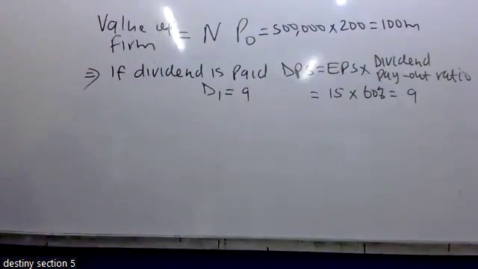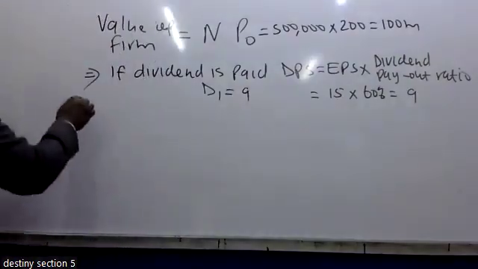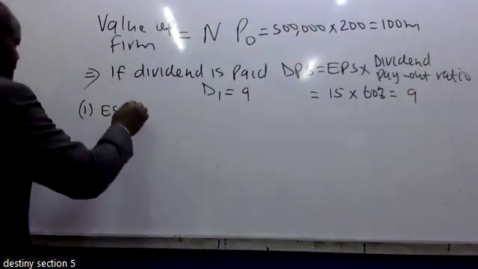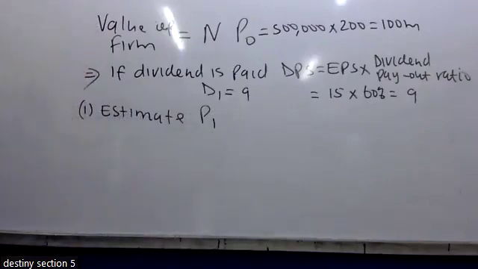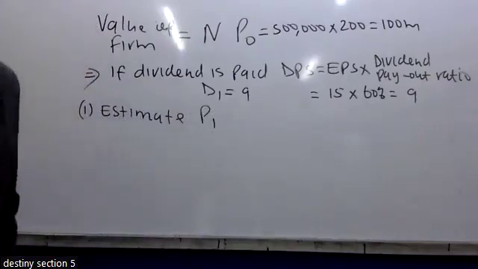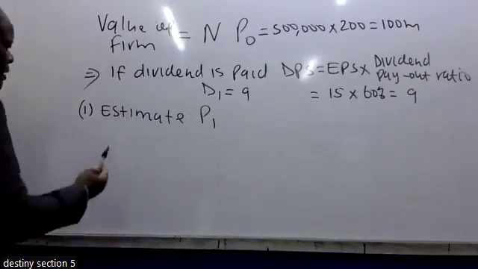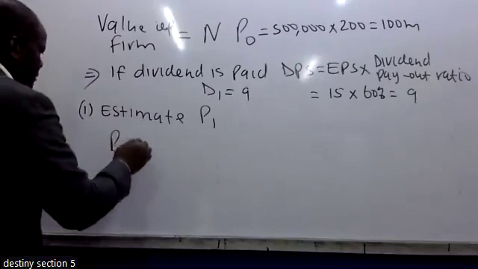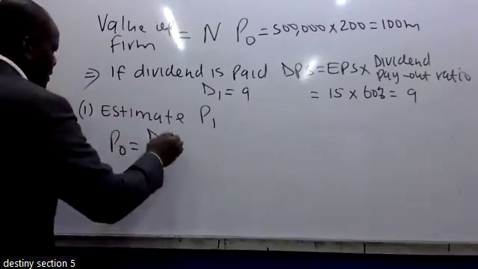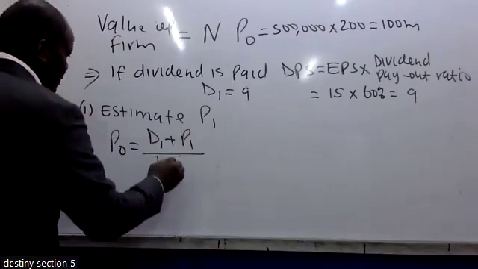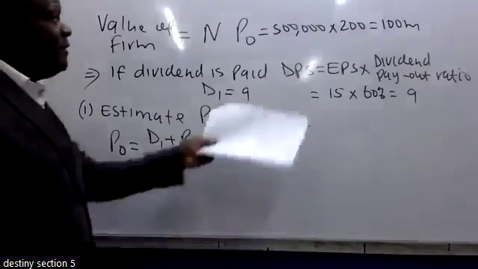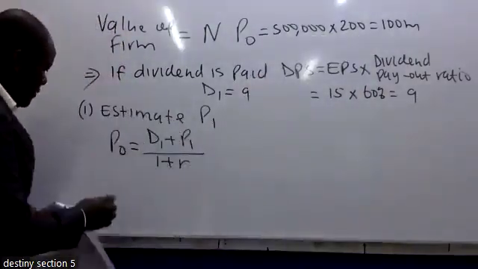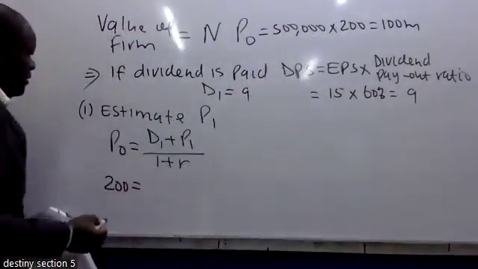So we start step number 1. Step 1, we estimate P1. We now start afresh. To get P1, I've given you the formula that P0 should be equal to D1 plus P1 divided by 1 plus R. Our P0, tunakumbuka, from this part, it was 200.